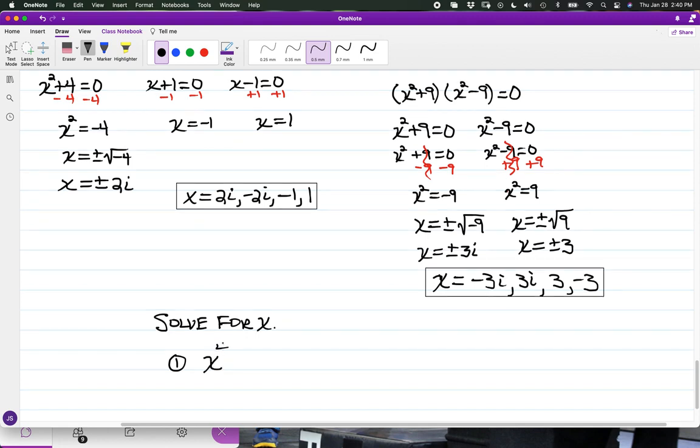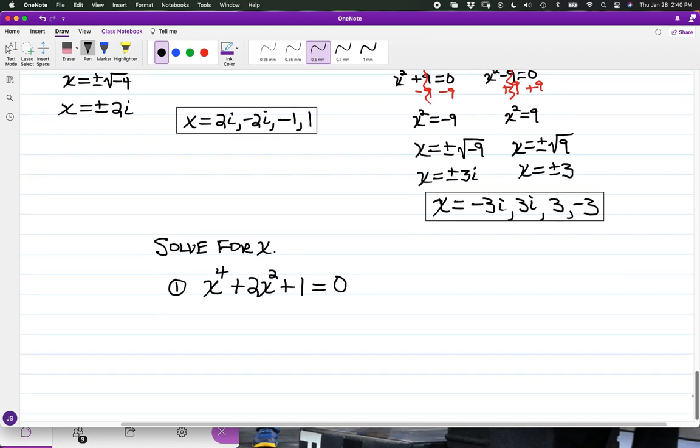For the first, say I have x to the fourth plus 2x squared plus 1 is equal to 0.